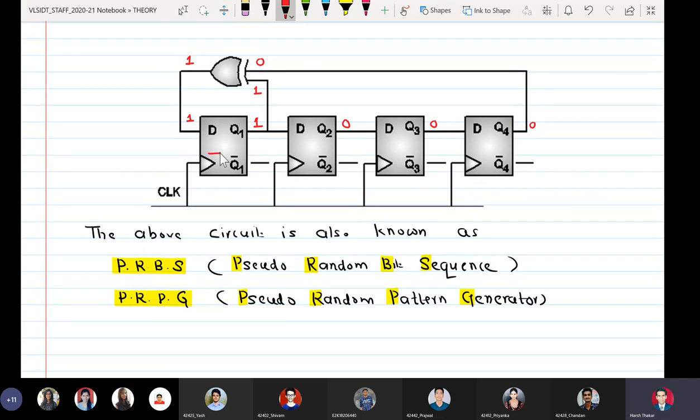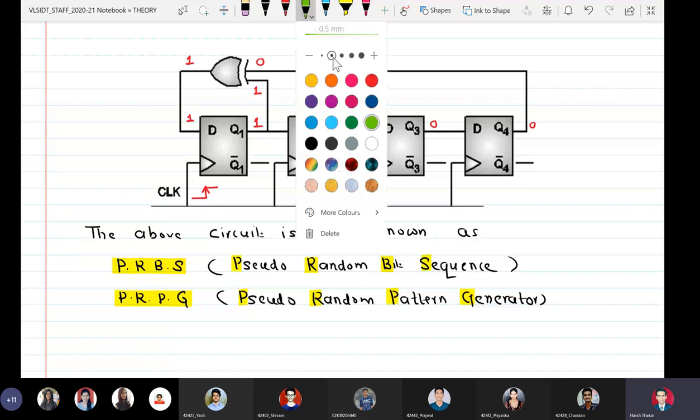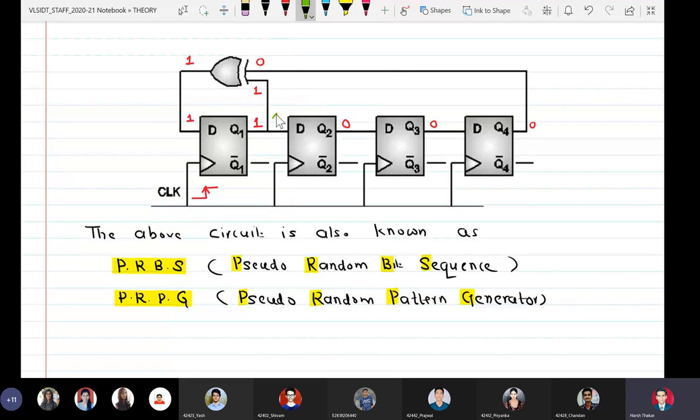So that is why whenever the rising edge strikes here, basically it is a synchronously clocked system, so it is generated here. So what happens is that this goes here, this goes here, this goes here, and this goes here, right?